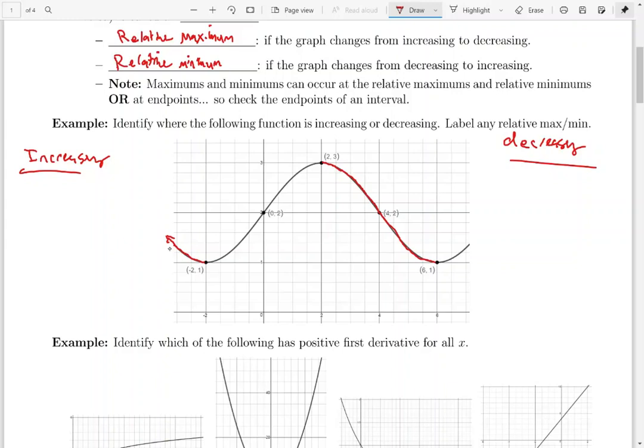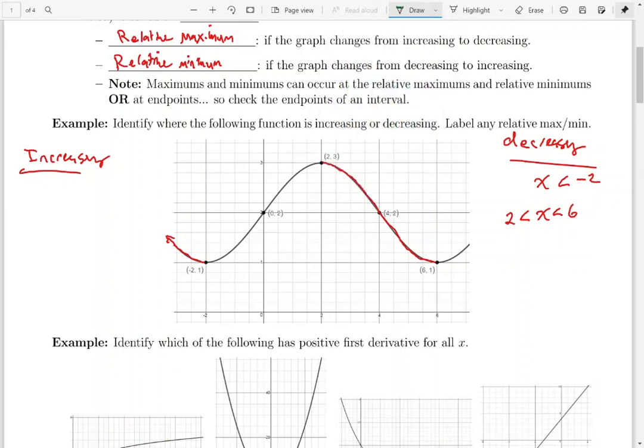Notice that this function is decreasing when x is less than -2. That's that far left part. Also notice that it's decreasing between x being 2 and x being 6. So when x is between 2 and 6, it is also decreasing.